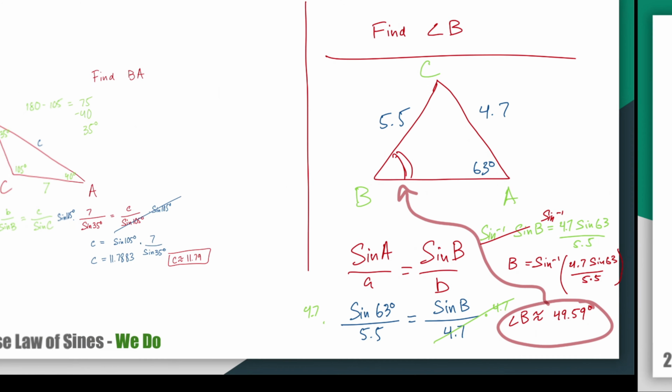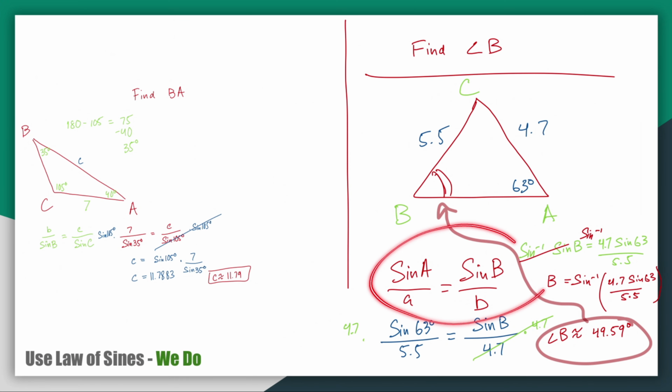Now if you chose to do a over sine a on this side, it might have been a little bit more difficult, or it might have been the same amount of difficulty. But that would have put our sine b on the bottom in the denominator's place, and I feel like I would have had to do a lot more shifting around.